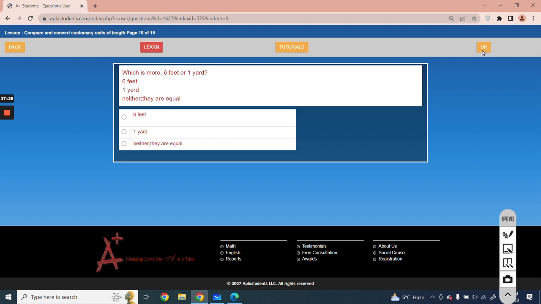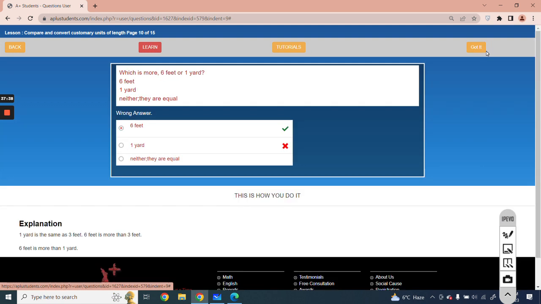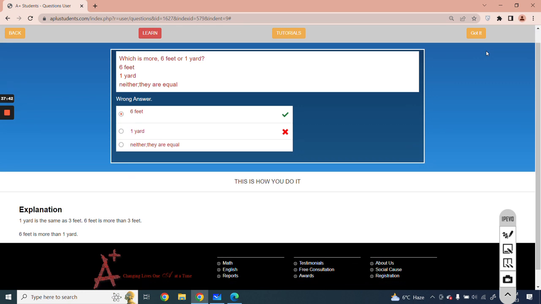Which is more? I think 1 yard is more. Oh, 6 feet. Oh yes, 1 yard is the same as 3 feet. Got it? 1 yard equals 3 feet. So obviously 6 feet is more. Got it?